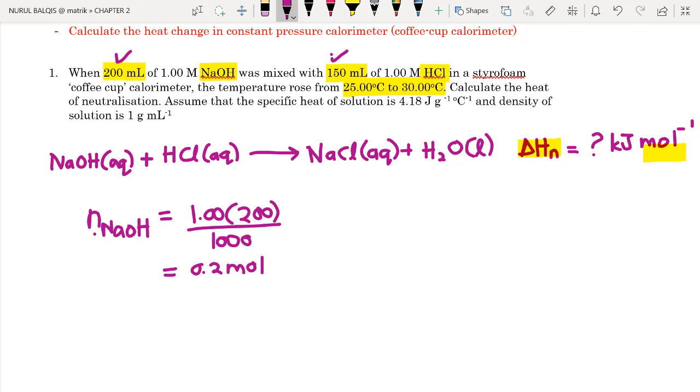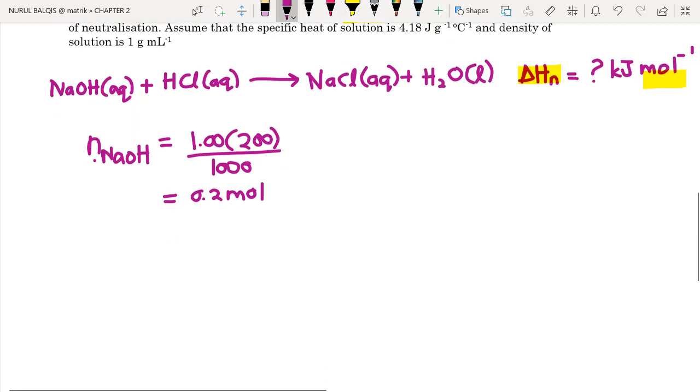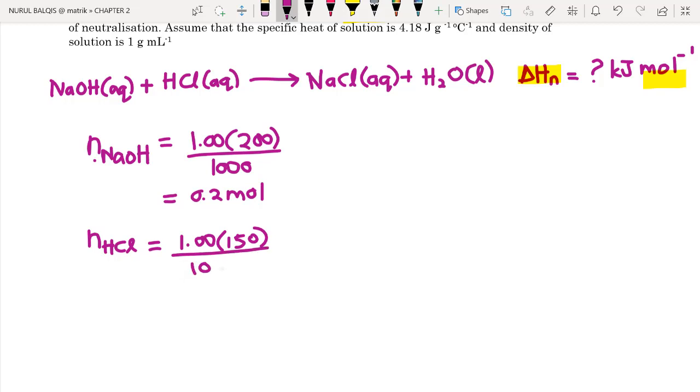While for HCl, we're going to have exactly the same formula, but this time around, our volume is only 150. So, substitute this value into the formula. You will get 0.15 mole.